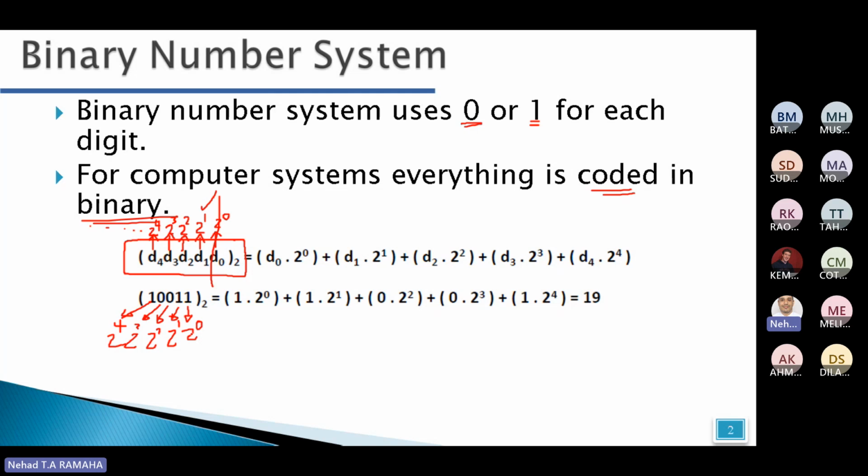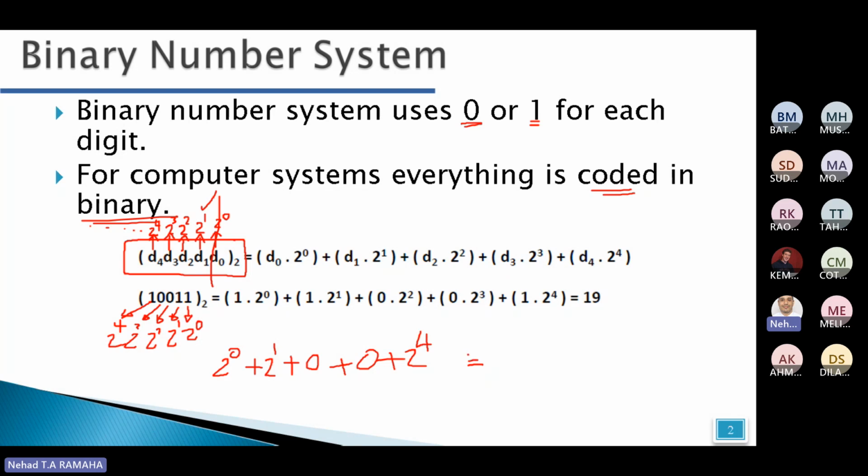So 1 multiplied by 2 power 0, then plus the second digit, 1 multiplied by 2 power 1, plus 0 multiplied by 2 power 2, so it's 0, plus 0 multiplied by 2 power 3, it's 0, plus 1 multiplied by 2 power 4.